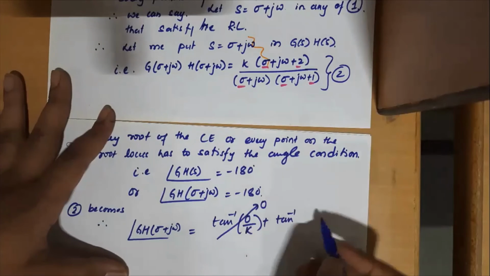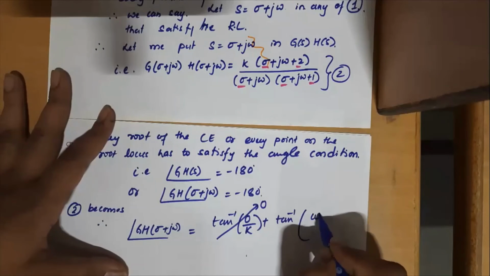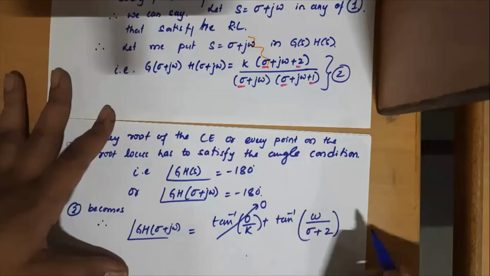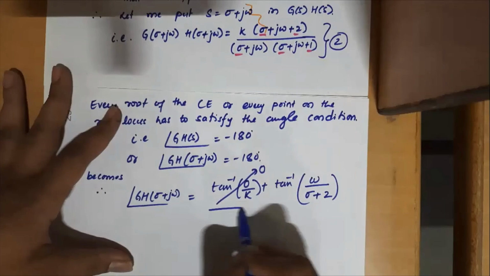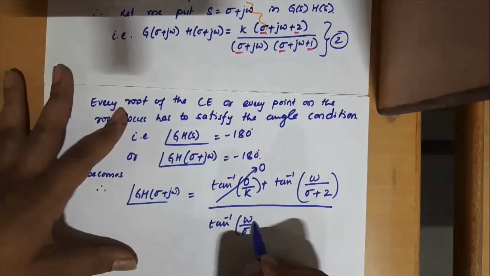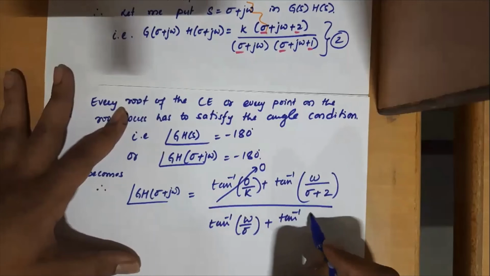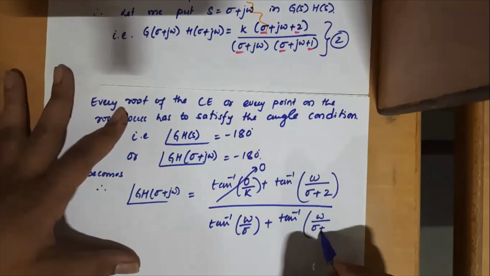And what is the angle of the other terms? Tan inverse of imaginary by real part. It is tan inverse of omega divided by sigma plus 2, minus tan inverse of omega by sigma, and the third term, minus tan inverse of omega by sigma plus 1.